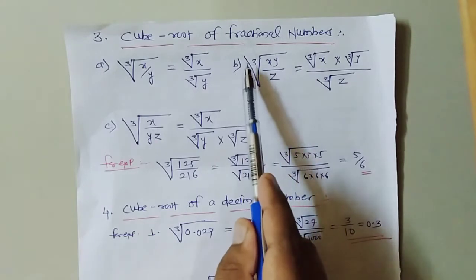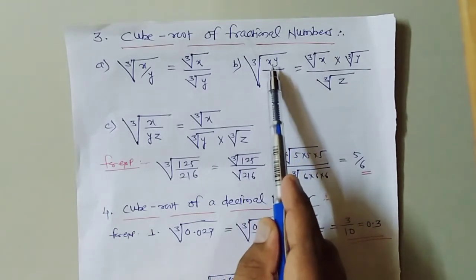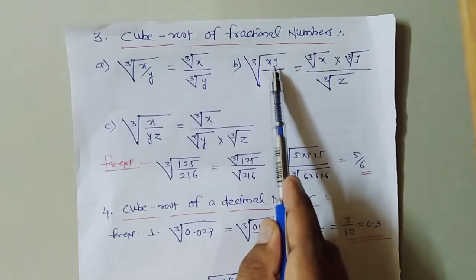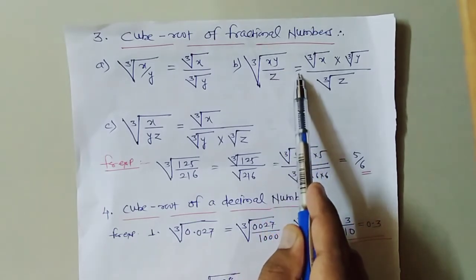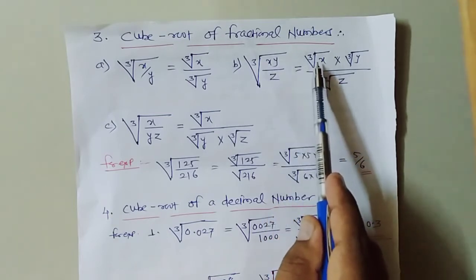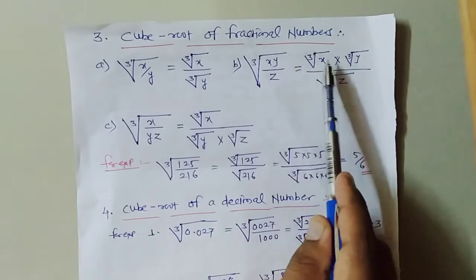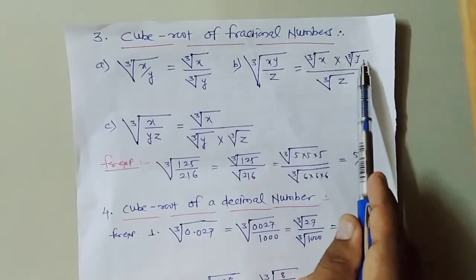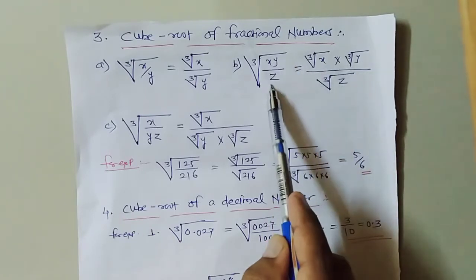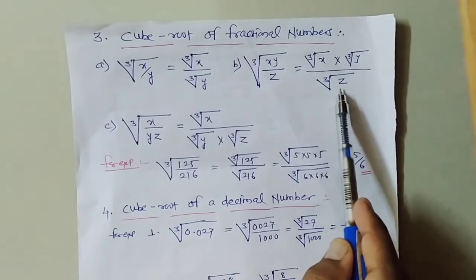Now b, cube root of the fractional number xy divided by z, which is equal to, you can write, first in the numerator separately cube root of x multiplied by cube root of y, divided by the denominator cube root of z.